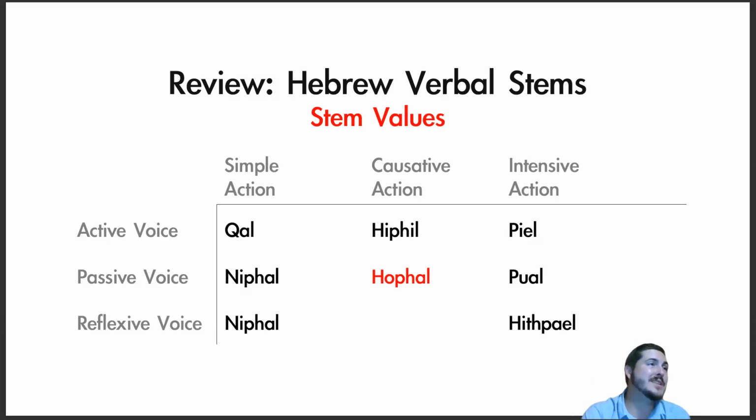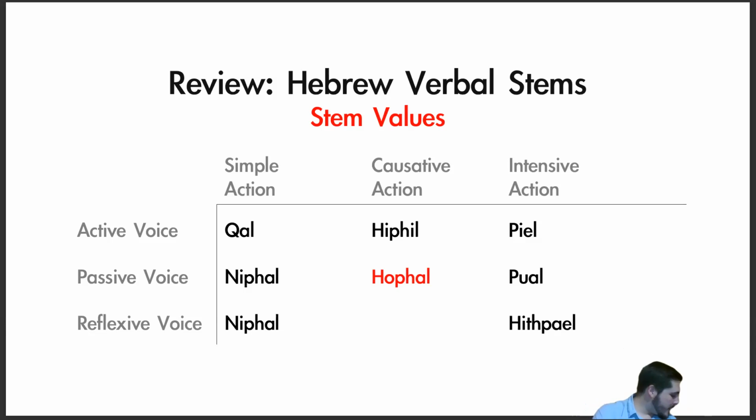Hofal stem, 0.6%. So if you have 1,000 verbs, 6 of them will be Hofals. Okay. So right now, if you were to look at 1,000 verbs, that means 688 of them will be Qal.